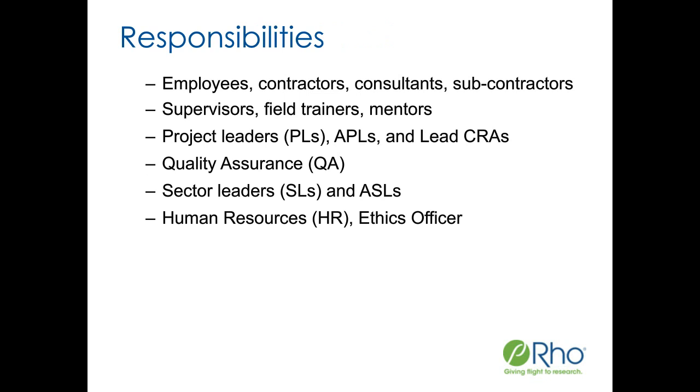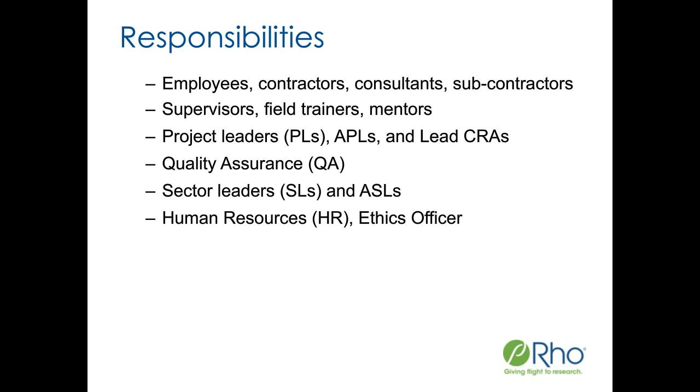Again, we're going to talk about how we would proceduralize the detection, reporting, and handling of falsification and misconduct. And so we want to make sure we focus on the various responsibilities, as each group or individual will have possibly different responsibilities with respect to this.